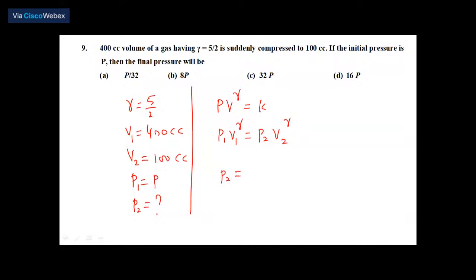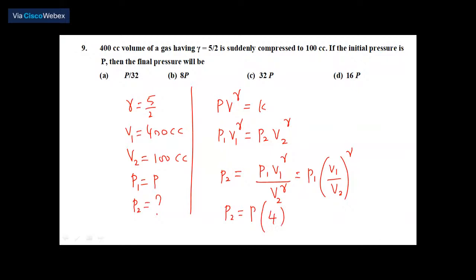So P2 is equal to P1 V1 to the power gamma divided by V2 to the power gamma, that is P1 times V1 divided by V2 to the power gamma. Or P2 is equal to, initial pressure is P itself. We'll substitute for V1 and V2. Initial volume is 400, V2 is 100. 400 by 100 is 4, right?